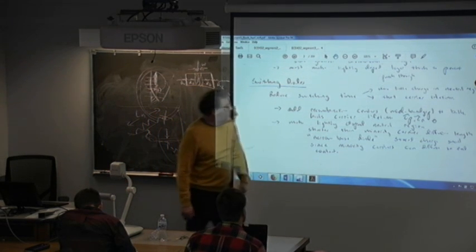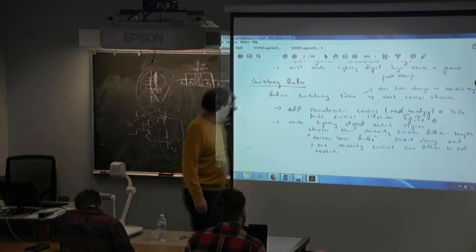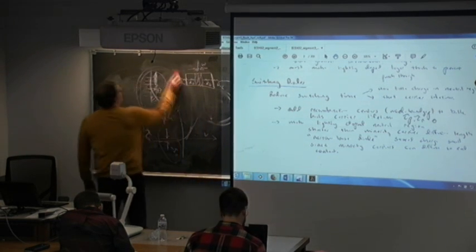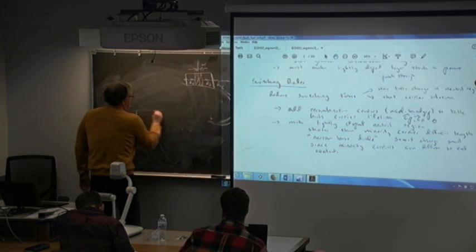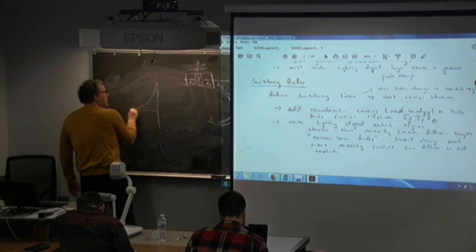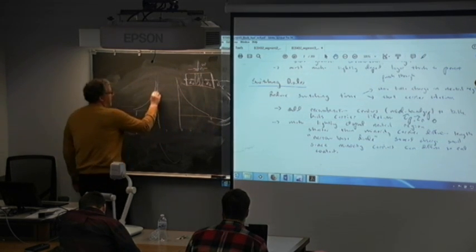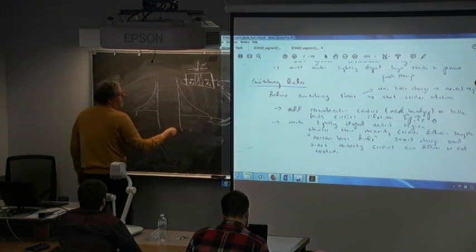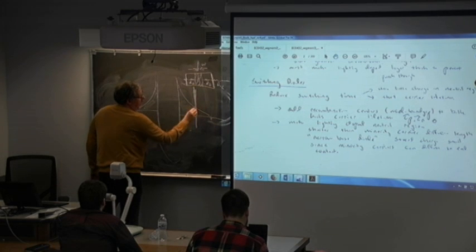Make the lightly doped neutral region shorter than the minority carrier diffusion length. So a narrow base diode, what's that all about? It's kind of a smaller point, but in this dog tail wagging scenario, think of it as the surface of the semiconductor, the contact is here.